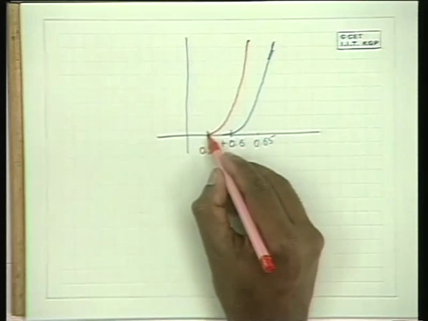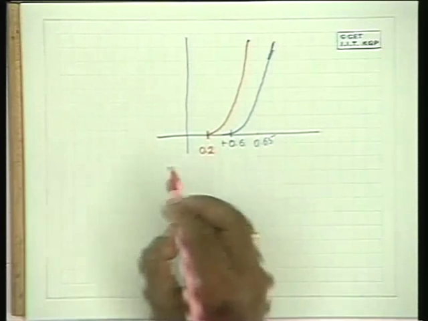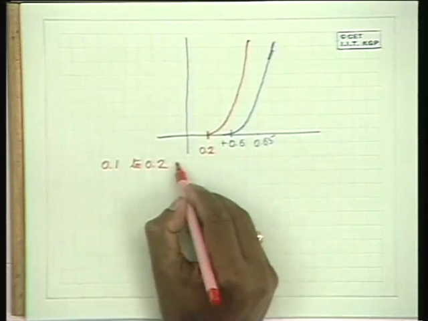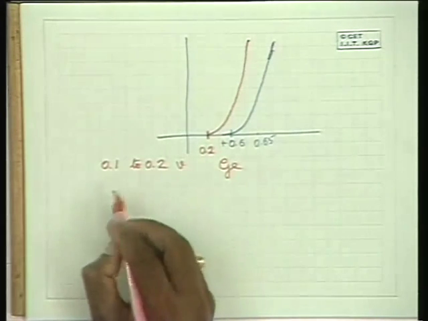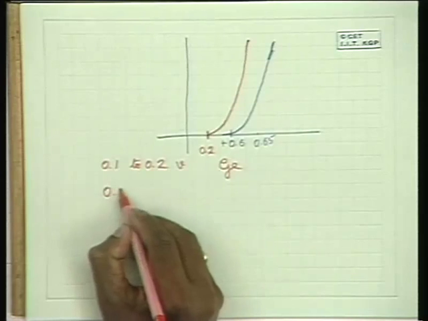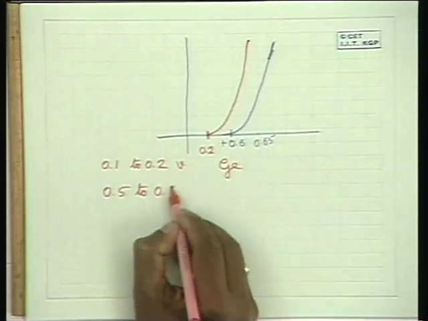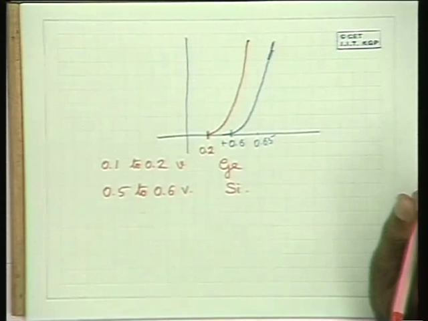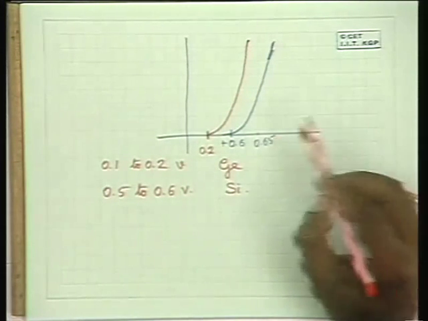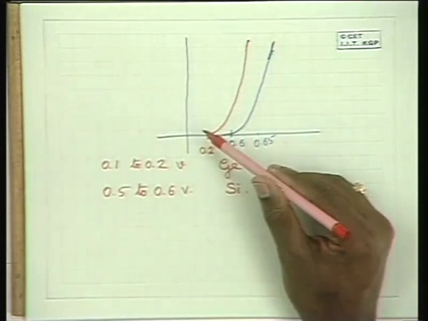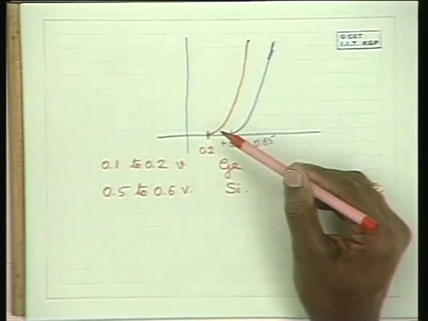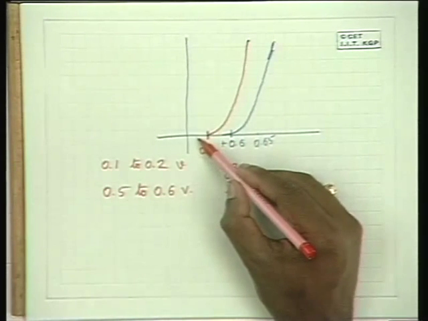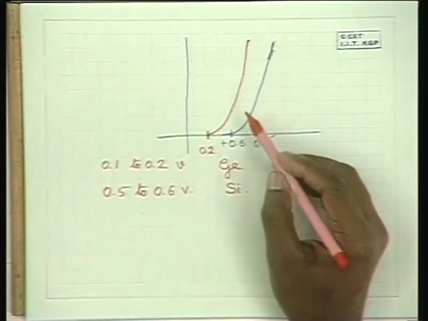This cut-in voltage is about 0.1 to 0.2 volts in the case of germanium diode, and 0.5 to 0.6 volts in the case of silicon diodes. Okay, but please note that it is a continuous curve. It increases continuously, and because of the term -1 there, it is negligible below this and becomes appreciable above this value.